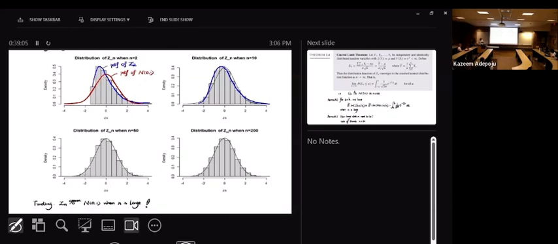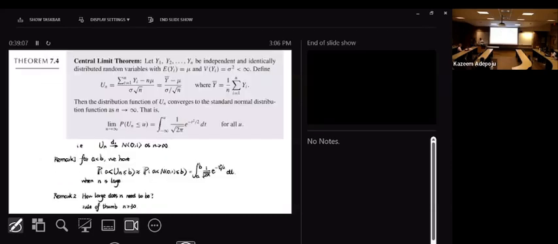Now, I want to go a little bit theoretical. Let's look at the theorem from the textbook. We're talking about the central limit theorem now. If we have y1 up to yn, they are independent, identically distributed random variables. They don't necessarily follow a normal distribution.